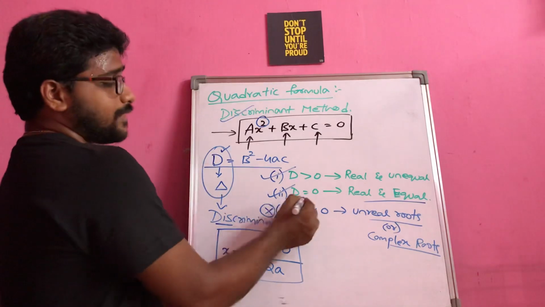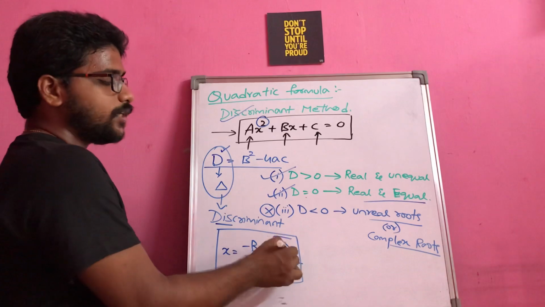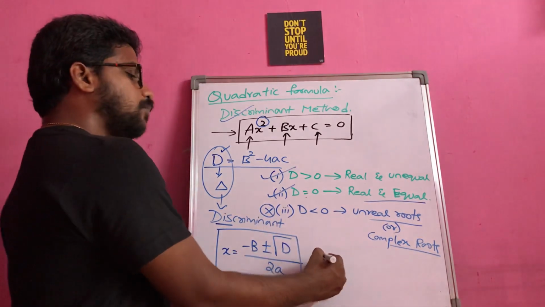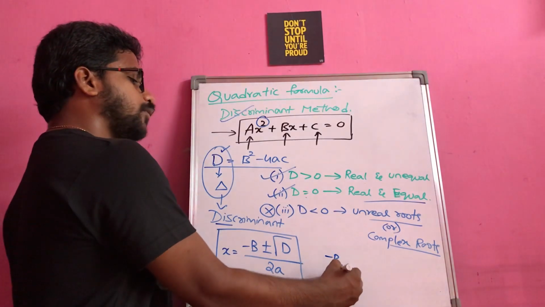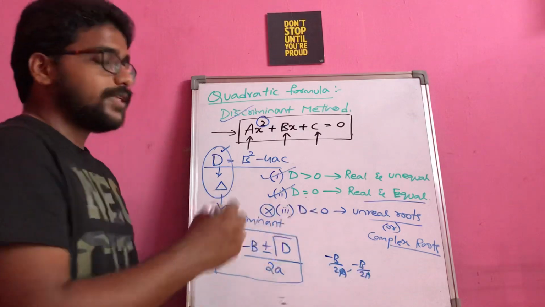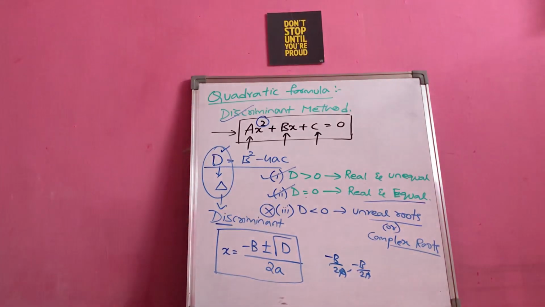You can just observe here, if D is equal to 0, then what will happen? Root 0 will remain as 0. That means in that case both the roots are minus b by 2a, minus b by 2a, right? I already discussed this fact in the previous concept of the method of completing the square.